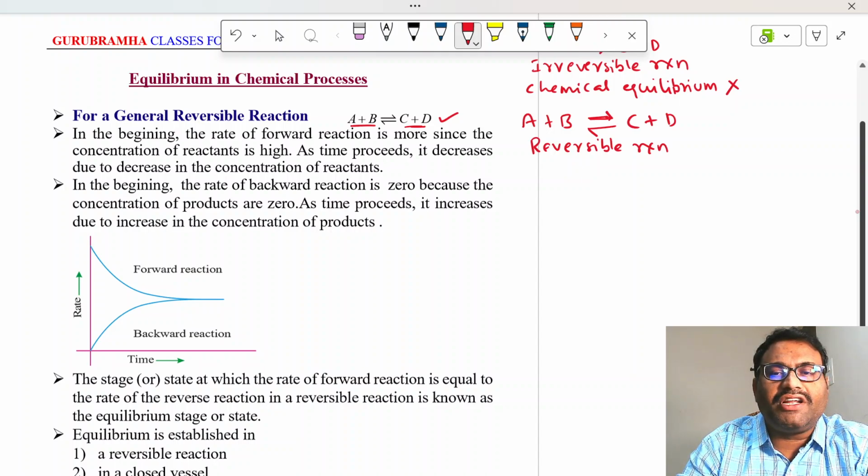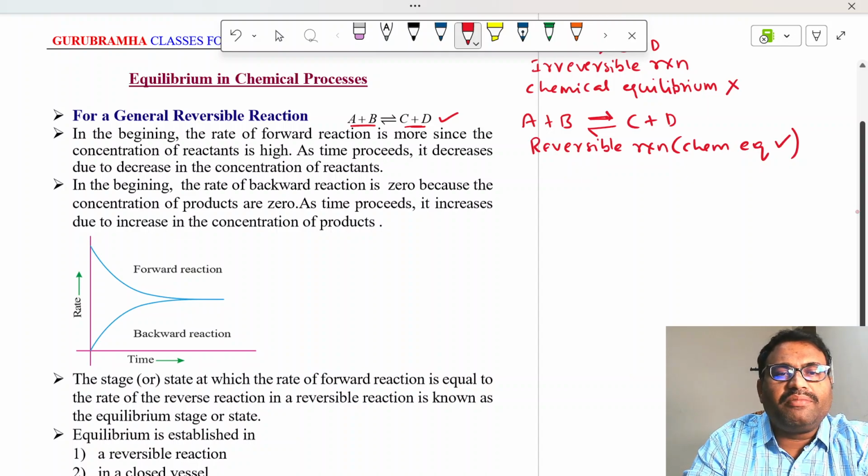Which type of chemical reaction? Reversible chemical reaction. So, chemical equilibrium can be obtained in a reversible chemical reaction. That is the equilibrium in a chemical process we are speaking about.